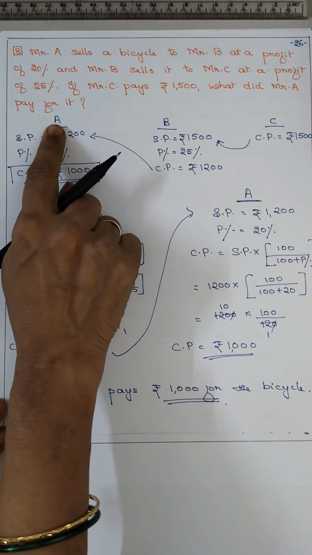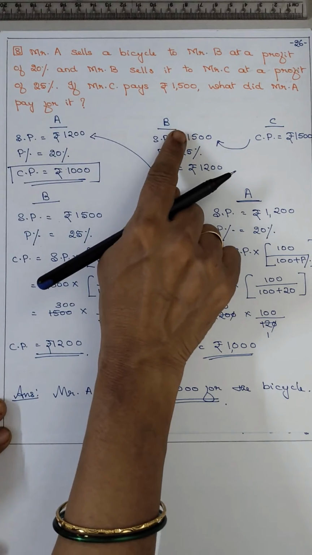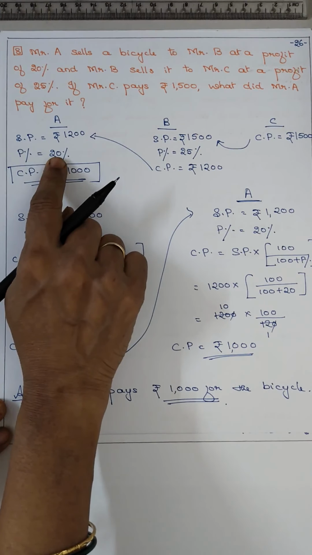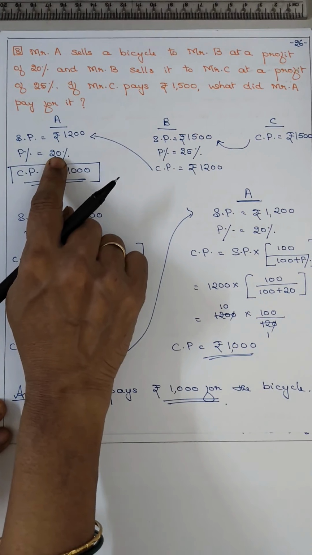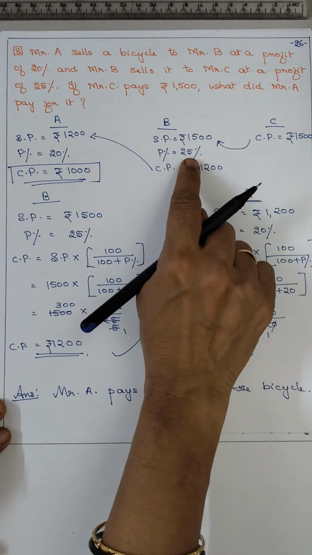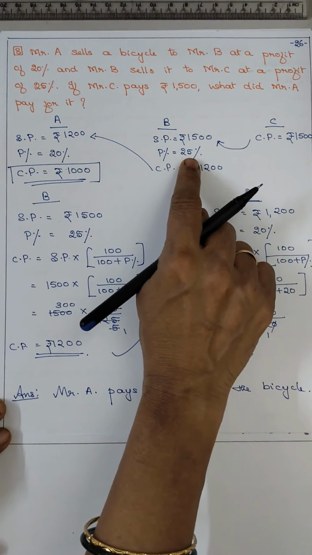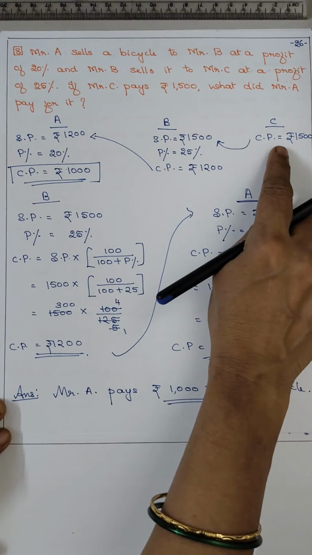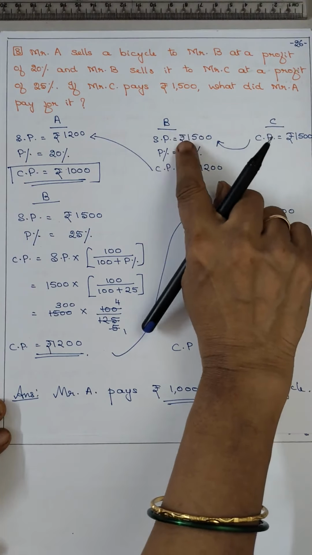Mr. A sells a bicycle to Mr. B at a profit of 20%, and Mr. B sells it to Mr. C at a profit percent of 25%. Now C pays 1,500 for it. C pays to B 1,500.